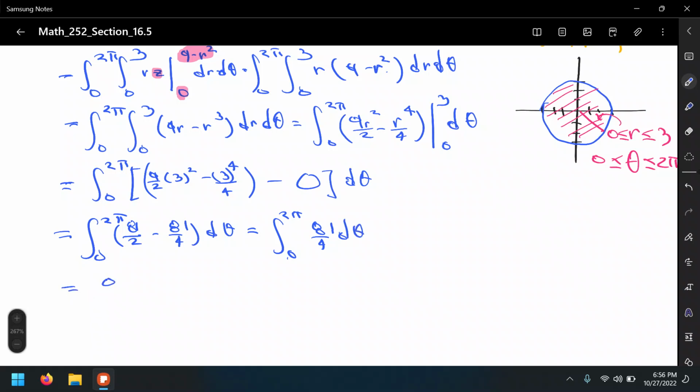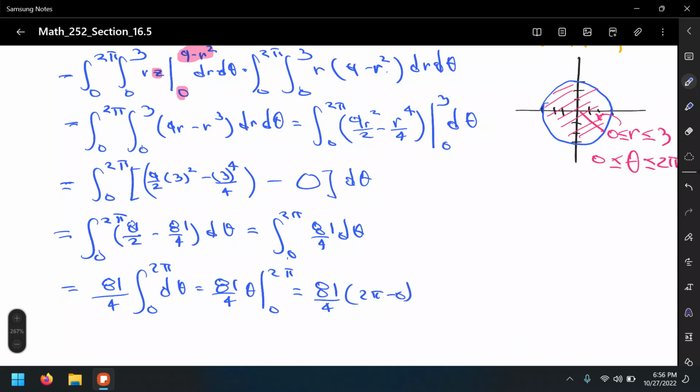Which we can take out of the integral. And that's the integral from 0 to 2 pi of d theta. So that's 81 over 4 theta from 0 to 2 pi. And that's 81 over 4 times 2 pi minus 0, which is simply 2 pi.